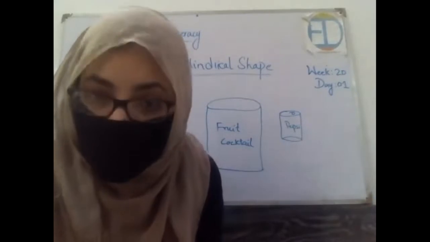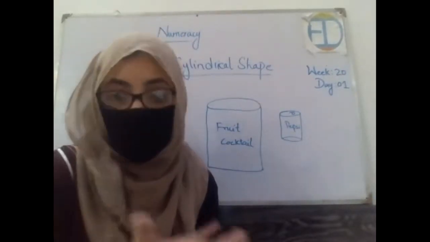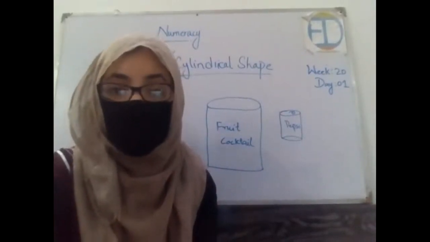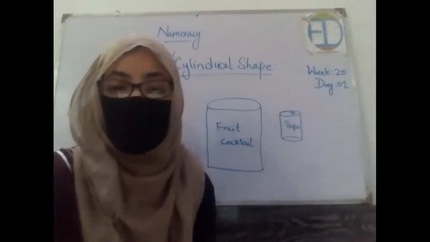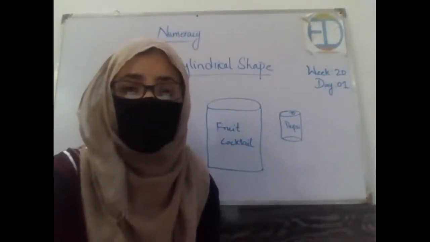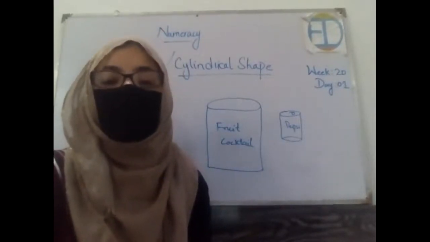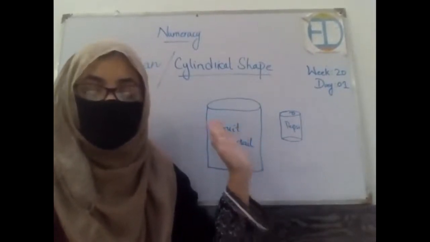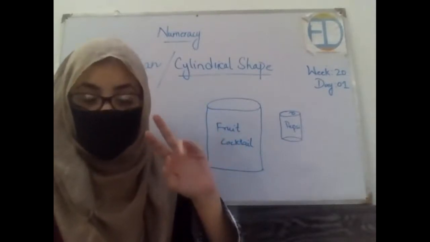So now, today's topic is that we will be discussing what is a cylindrical or can shape. And as I have already told you, the cylindrical or can shape is this shape which is right in front of you on the board. And we have a lot of examples for this, right? Before discussing the examples, if you look at the board, you can see that it has two flat sides of a circular shape.